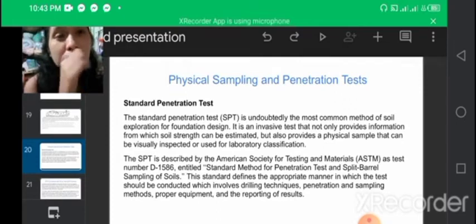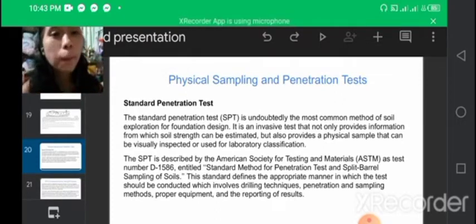So the physical sampling and penetration test. The Standard Penetration Test, or SPT, is undoubtedly the most common method of soil exploration for foundation design.